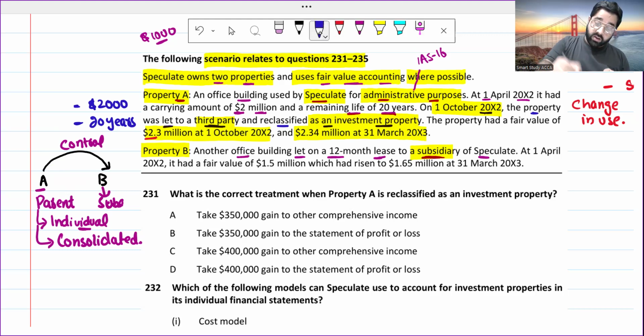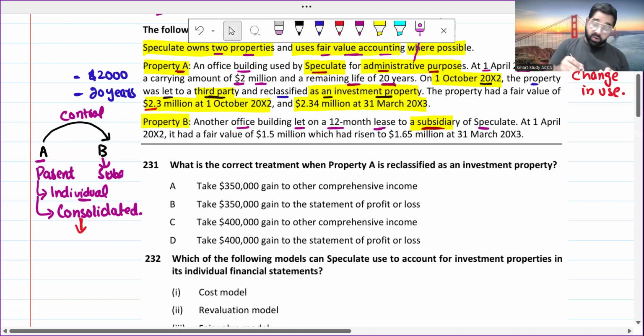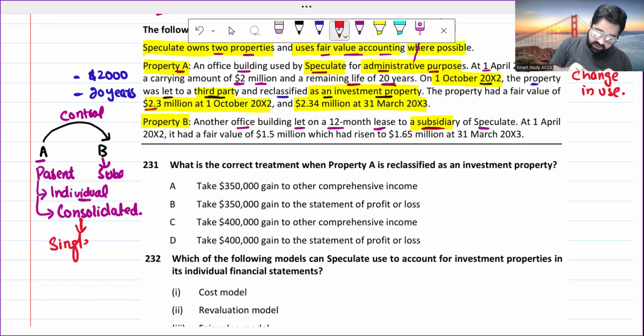Now there is one common rule in consolidation. In consolidation, both the parent company and the subsidiary company are always treated as a single entity. The complete group is always treated as a single entity. Let me repeat my point again. From the consolidation perspective, there is a general rule, a common rule.